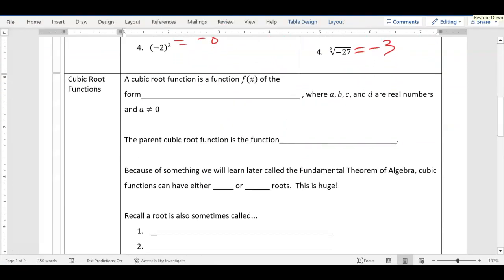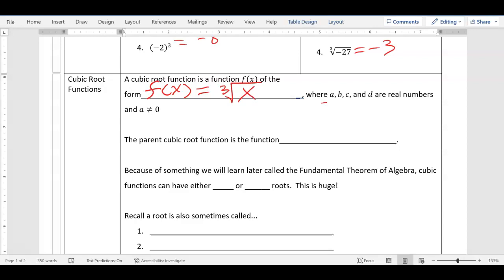A cubic root function is a function of the form f of x equals the cube root of x.